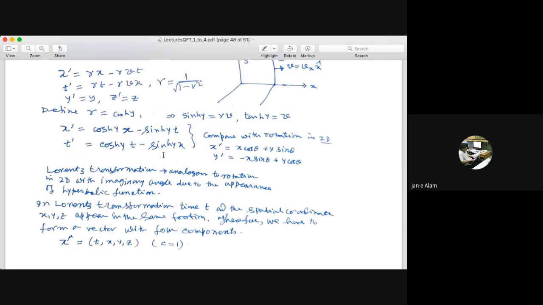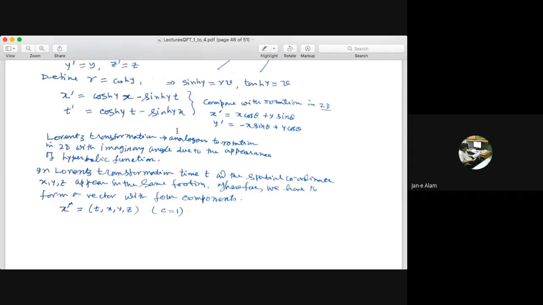So please note here that for a 3-dimensional vector, what is invariant is ax squared plus ay squared plus az squared. But in the Lorentz transformation, t squared minus x squared is invariant. So there is a relative sign between the temporal and the spatial coordinates. So we have to be careful in defining the vectors, right?